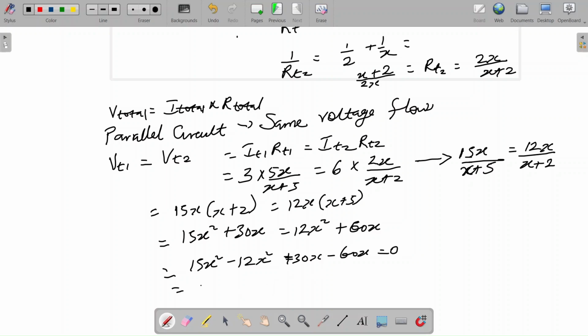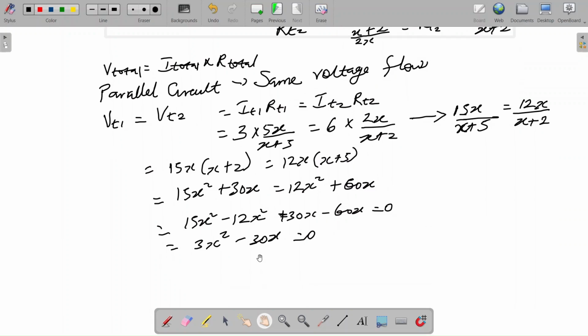So this can be 3x squared equals 30x. You can take 30 to the other end, or you can factor out what is common, either way you want to do it. So what is common in both?